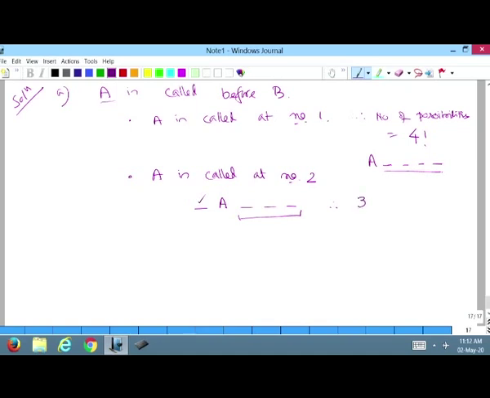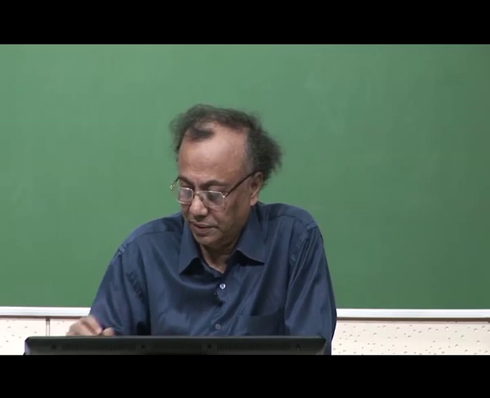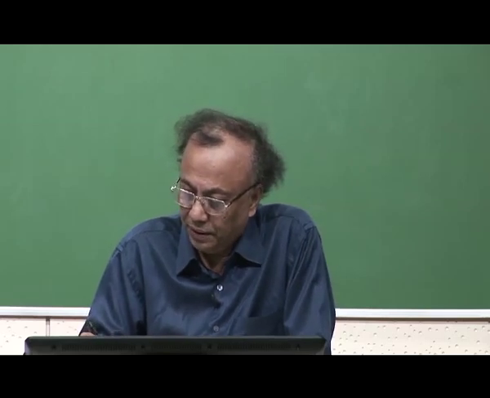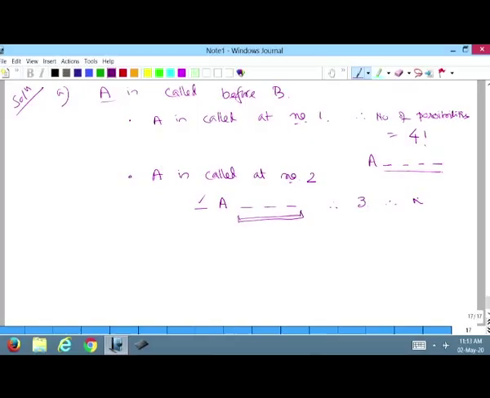That can be done in 3 ways, and now the other 2 and B can be permuted here in factorial 3 ways. Therefore, the number of possibilities is equal to 3 into factorial 3.